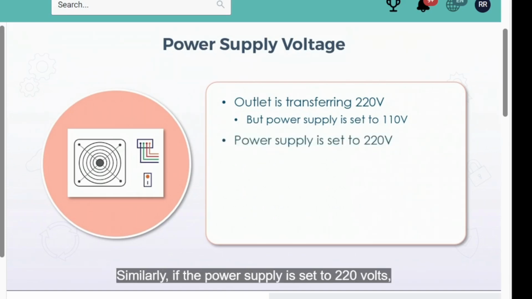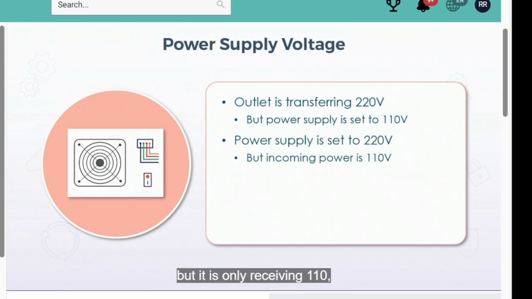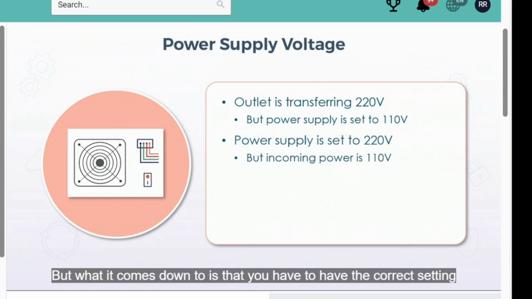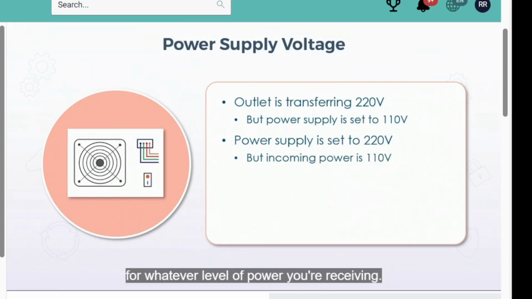Similarly, if the power supply is set to 220 volts, but it is only receiving 110, then it probably just won't even start to begin with. But what it comes down to is that you have to have the correct setting for whatever level of power you're receiving.